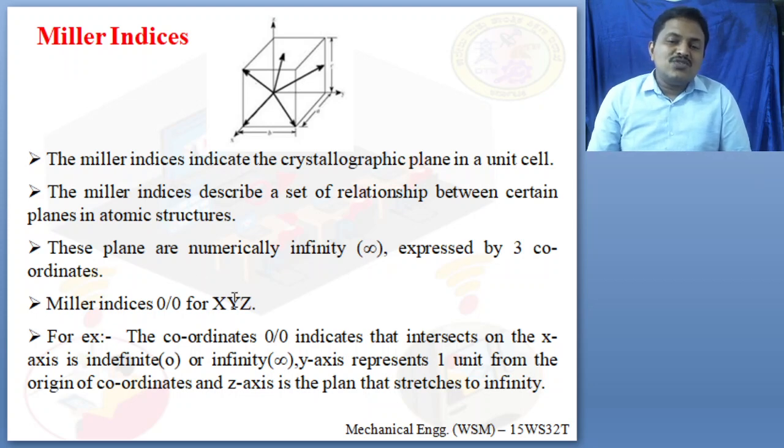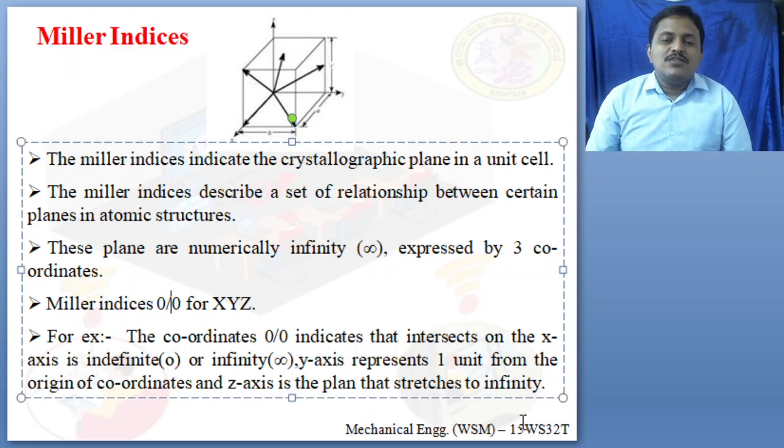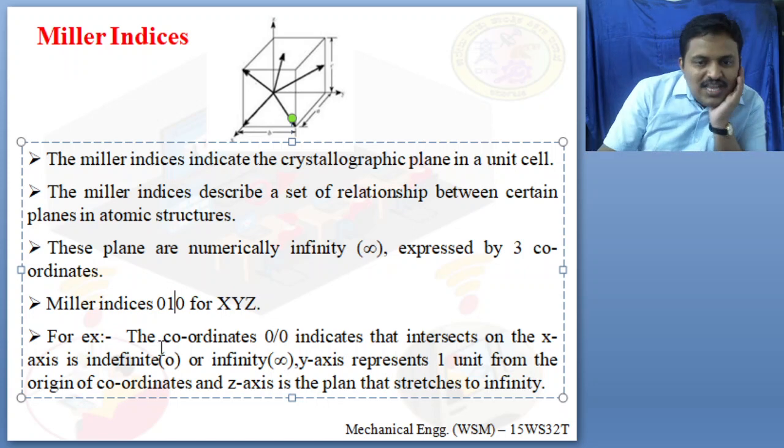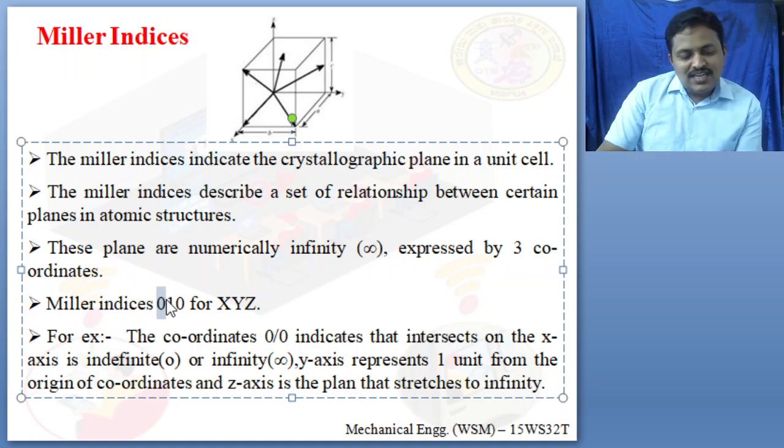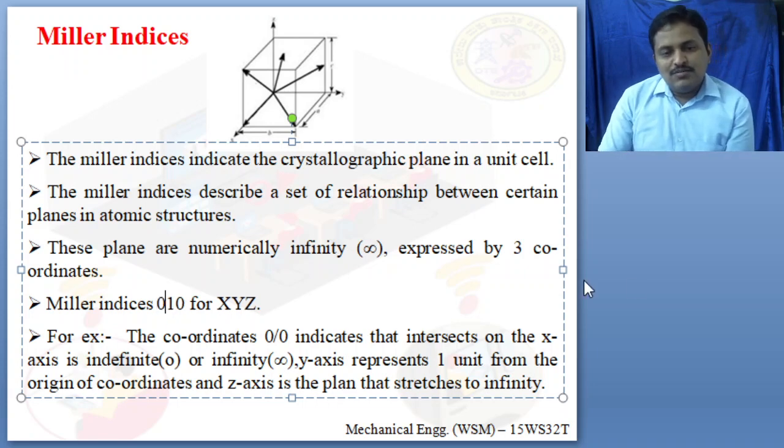In this sketch, what does it mean? 0, 1, 0 means x is 0, y is 1, z is 0. Suppose x is 1, what does it indicate? 1, 1, 1 means x is 1, y is 1, and z is 1. This is the difference being given.